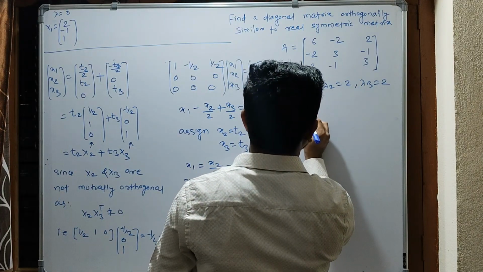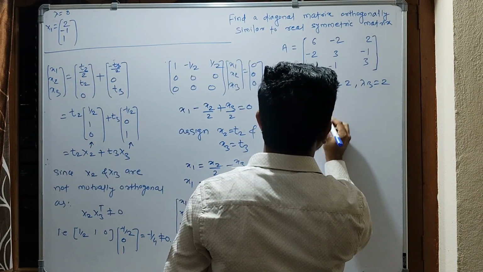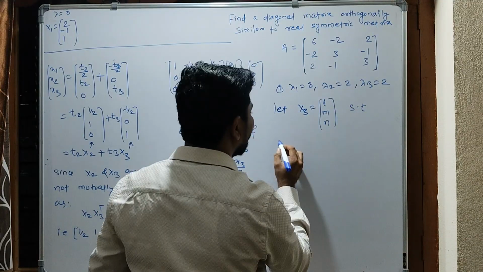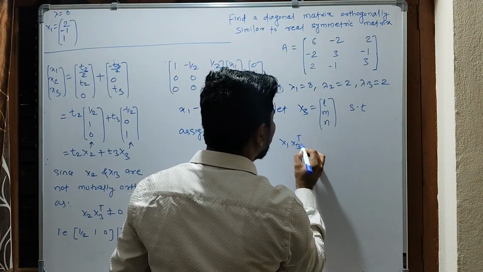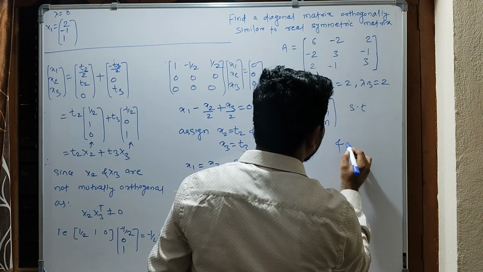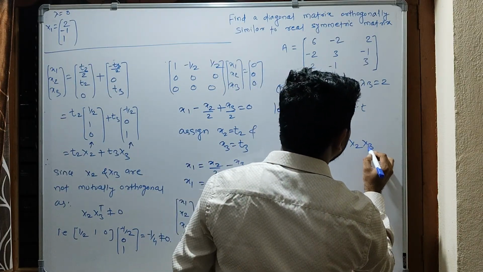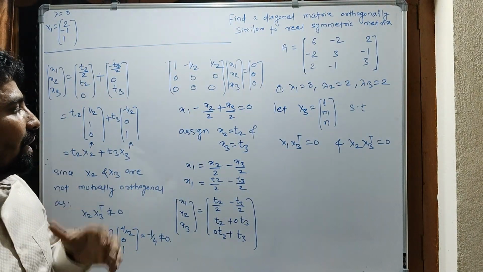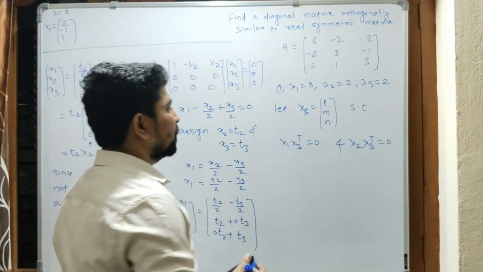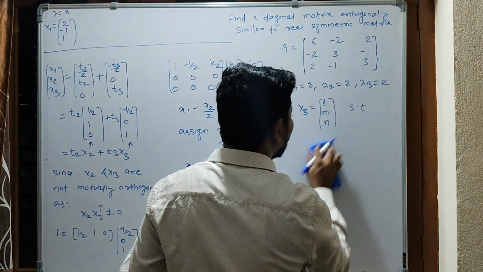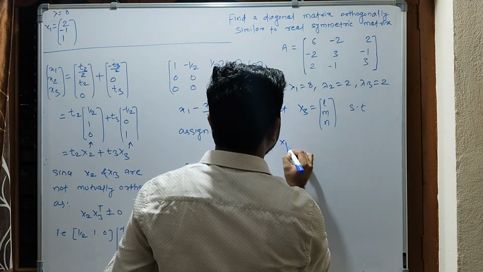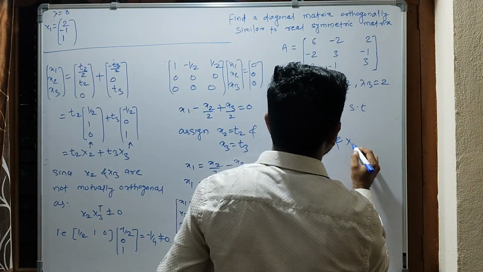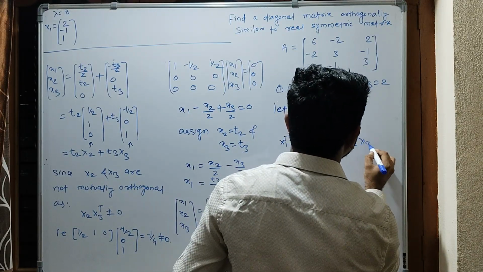Let x3 be such that x1 x3 transpose equals 0 and x2 x3 transpose equals 0. For easy calculation purposes, I will write x1 transpose x3 equal to 0 and x2 transpose x3 equal to 0.